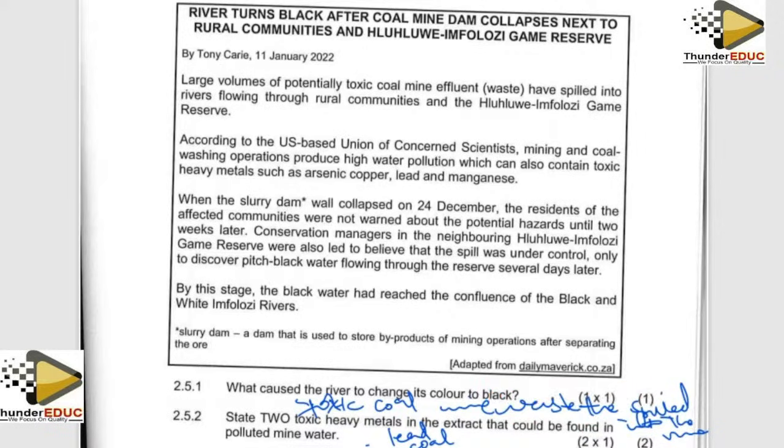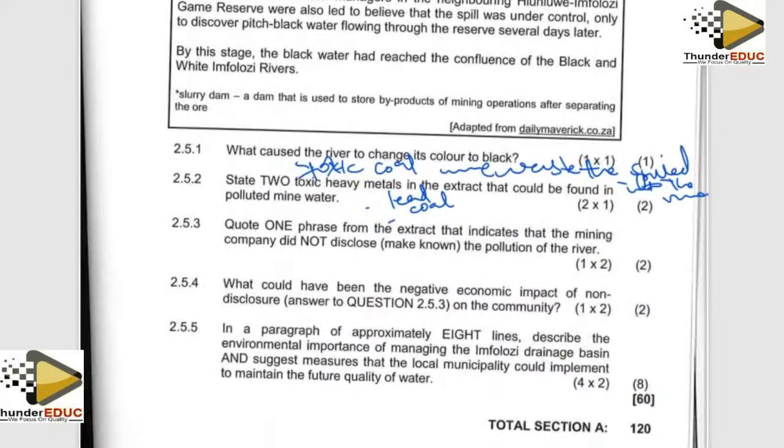Okay. Quote the phrase from the extract that indicates that the mining company did not disclose or make known the pollution of the river.